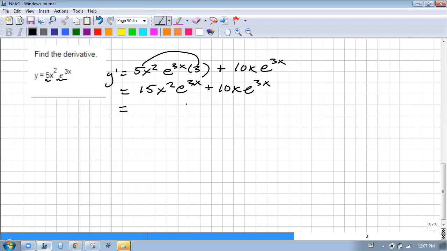And if you wanted to, you could factor out what, a 5. So this would be a 3x plus 2. No, let me see. How would they write that? They would want you to pull out a 5 and an x, and then put your e to 3. Right? Yes.